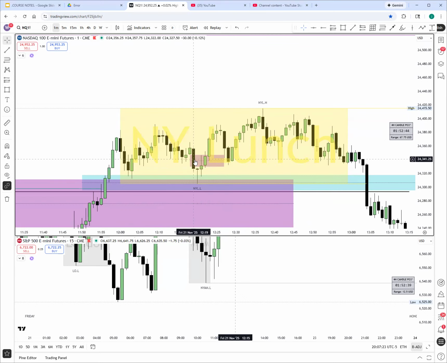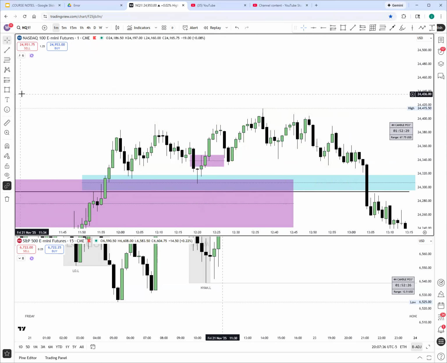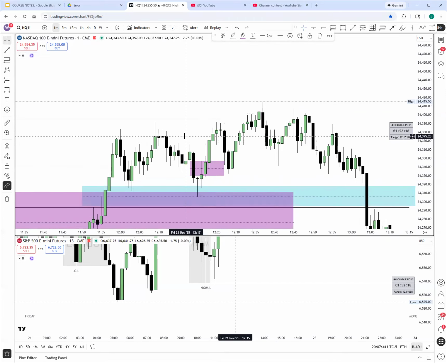So when we blast through a fair value gap instead of respecting it and going lower, that lets us know that we are getting bullish price action. Let me take this off so it's a little cleaner. So once we got this inversion here, this wasn't a plus plus setup, but it almost was a plus setup.